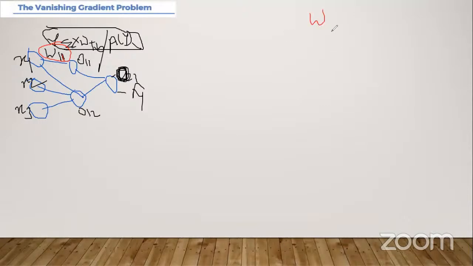If I want to update weight 11, this is the new. The formula will be W11 old minus eta multiplied by the derivative of the loss function with respect to the weight.